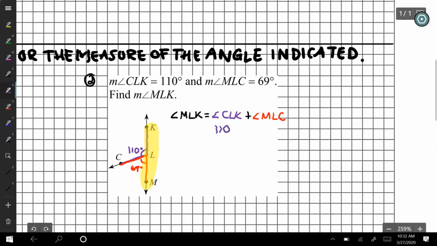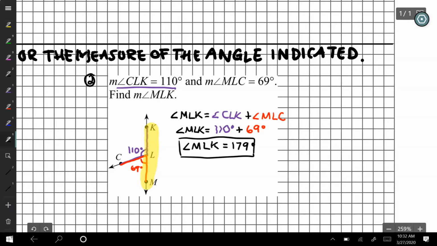I wrote it in my diagram, and I also know from the question itself, plus angle MLC is 69 degrees. So angle MLK is going to equal 110 plus 69, which is 179 degrees. And there's my answer.